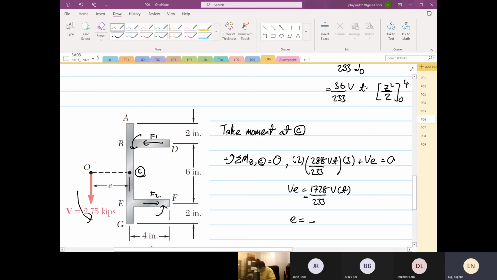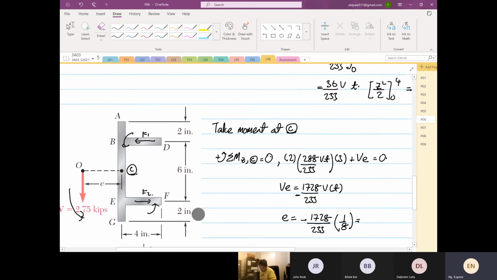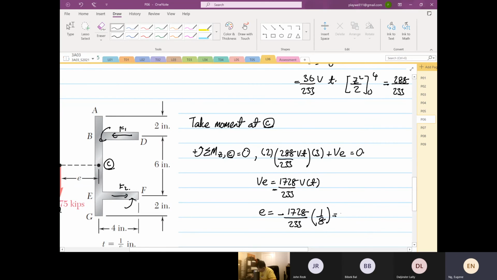So this will be equal to minus 1728 over 233 multiplied by 1 over 8. So 1728 over 233 times 1 over 8 is equal to minus 0.927, minus 0.927.